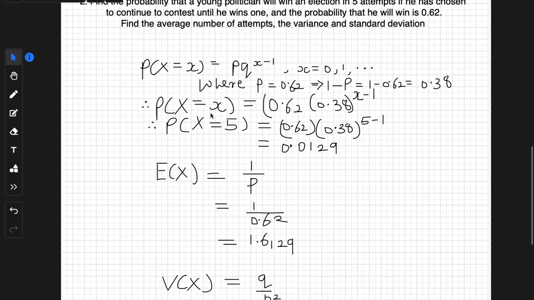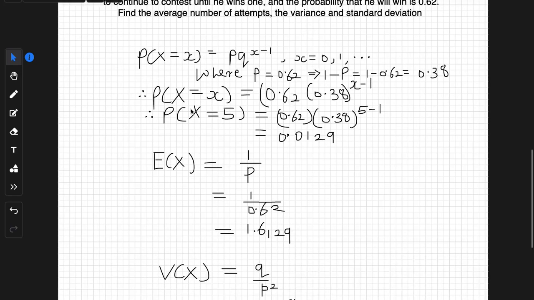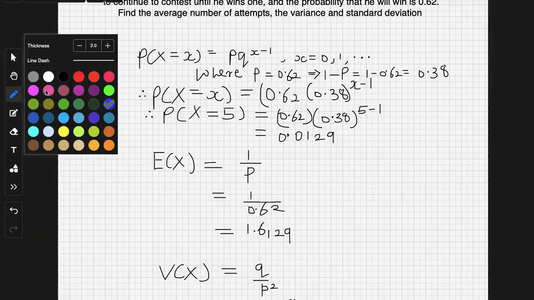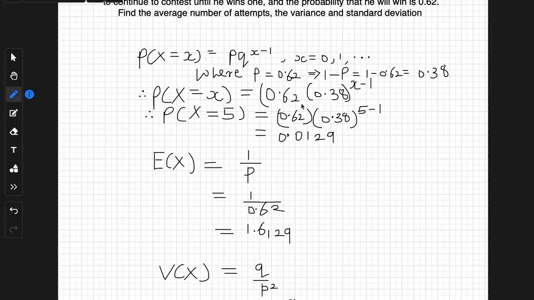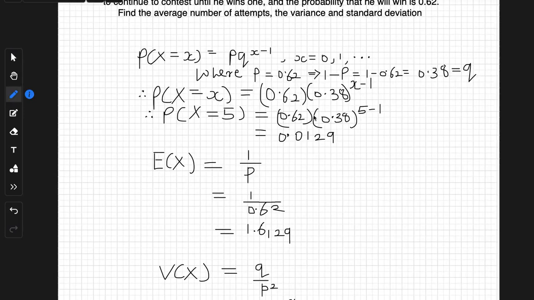And so in this case, the probability of X equals x is this, our PMF, as we have always known, the probability mass function. And because we know that P is 0.62, we also know that Q will be 1 minus P, and that will give us 0.38.